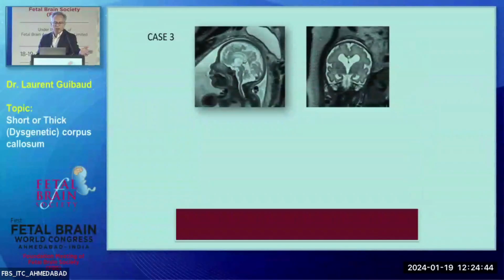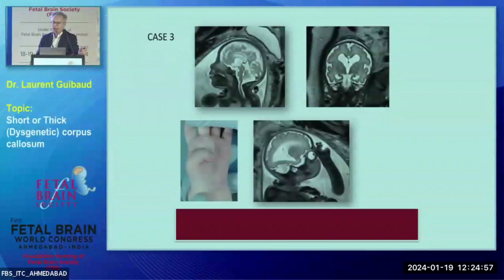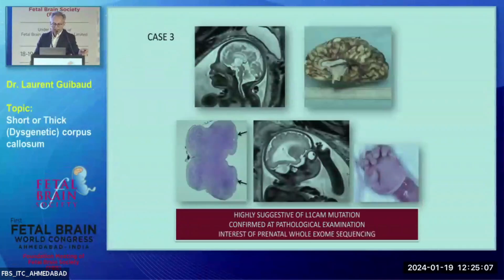We did an MR. In fact, the dysgenesis was present, and in that case, the dilatation was only moderate. But if you look carefully at the thumb, there is an adducted thumb, and it was confirmed that it was an L1CAM mutation, and it was confirmed after pathologic examination and with the exome sequencing.